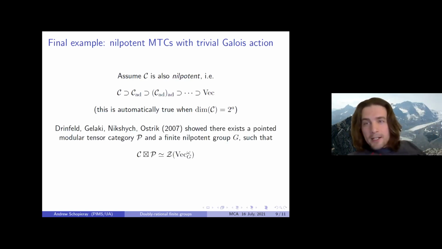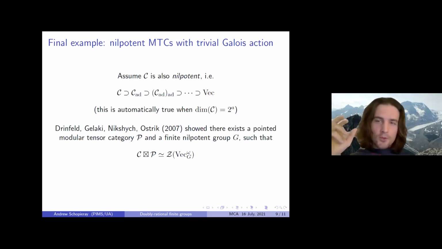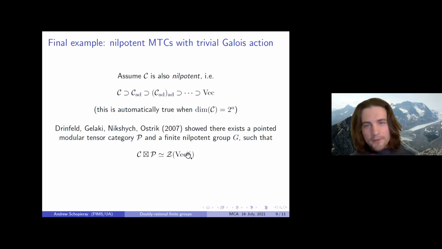So one benefit of this is that several fellows back in the mid-2000s showed that nilpotent modular tensor categories are almost centers of finite groups. Okay? So that's summarizing this very briefly. In particular, we have to make a slight tweak to that, which is that we have to look at twisted centers of finite groups. So this is some additional cohomological data that we associate to this double.